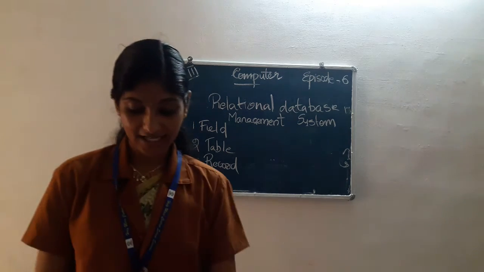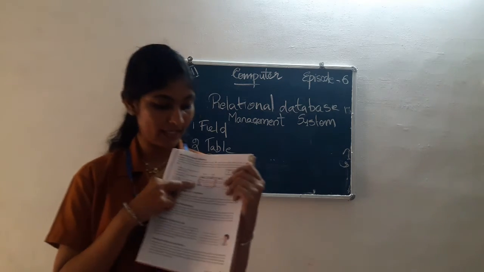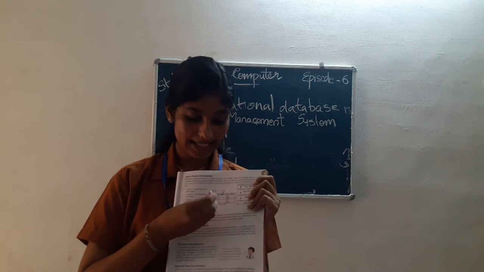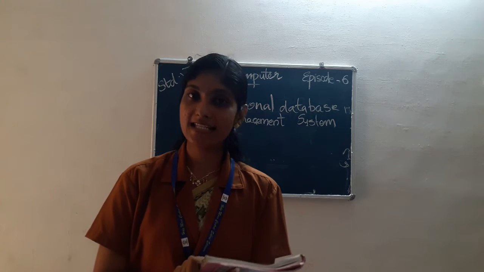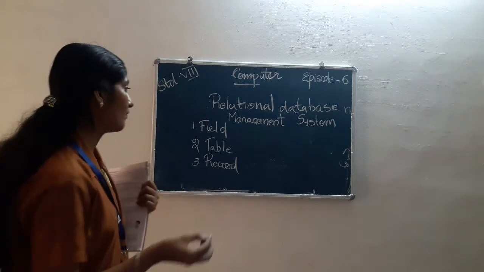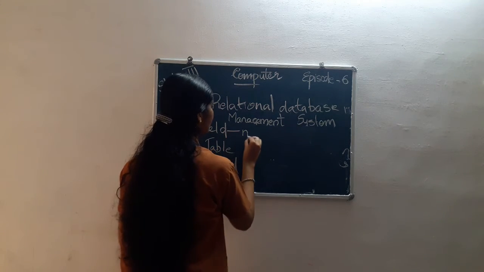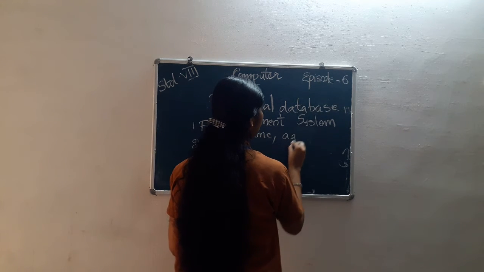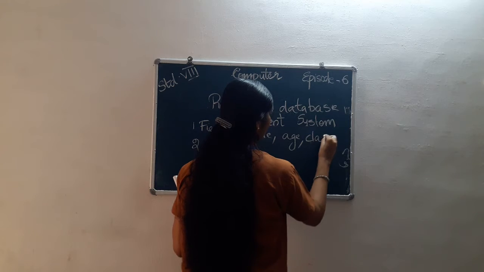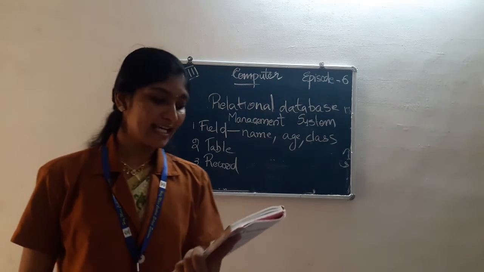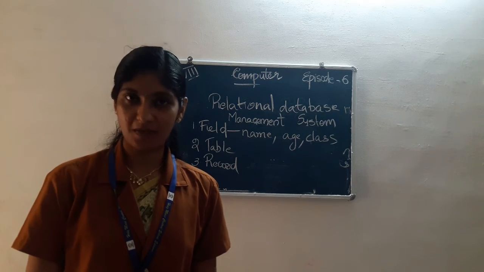So in that table, name, age, class, this is known as field. Name is a field, age is a field and class is a field. So what is the example of field? Name, age and class. This is field. Field means it is a single piece of information.